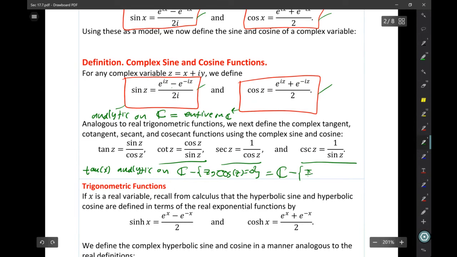Cosine will be 0 at pi over 2 plus n pi, where n is equal to 0, plus minus 1, and so on.